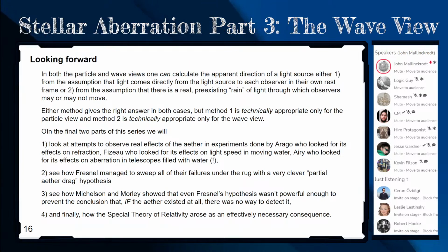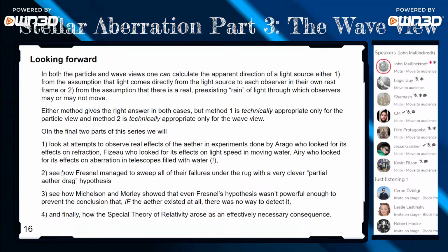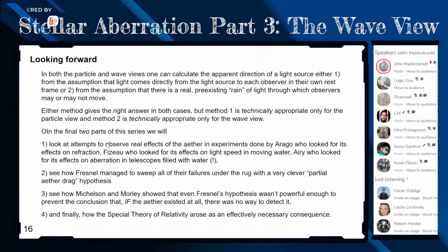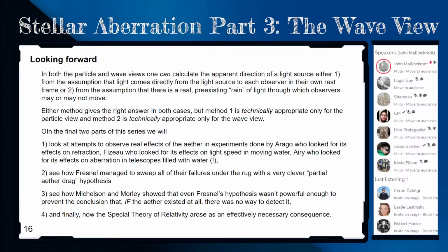So looking forward, what I've tried to show you today is that in both the particle and the wave views, one can calculate the apparent direction of a light source, either from the assumption that light comes directly from the light source to each observer in their own rest frame, or from the assumption that there is a real pre-existing rain of light through which observers may or may not move.